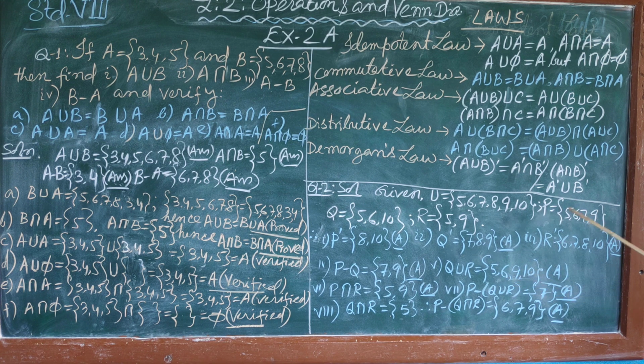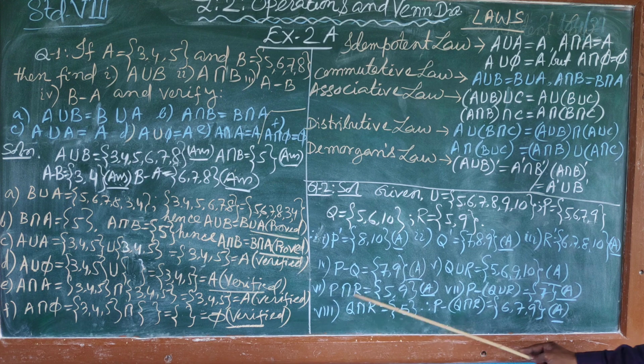So 5, 6 and 9 are present, and 7 is not present. So it will become 7 only. This 7, an element of P, is not present in Q union R. So 7 will be the answer.